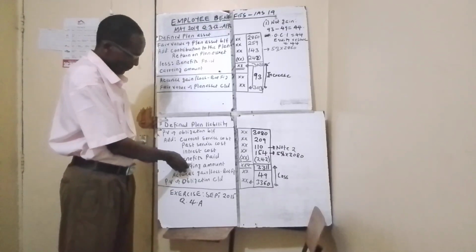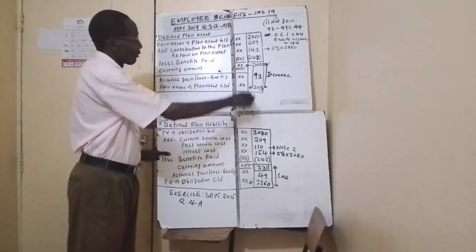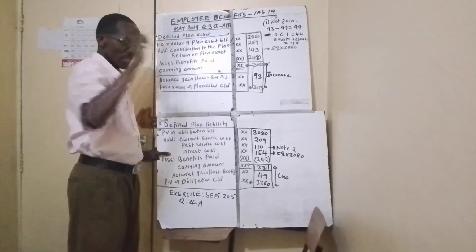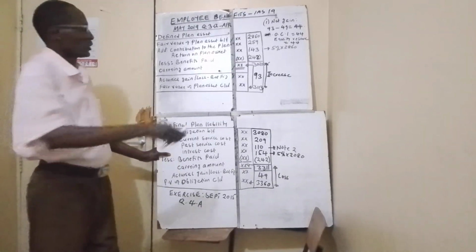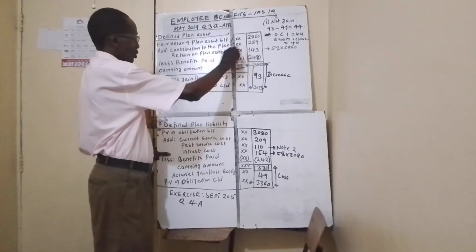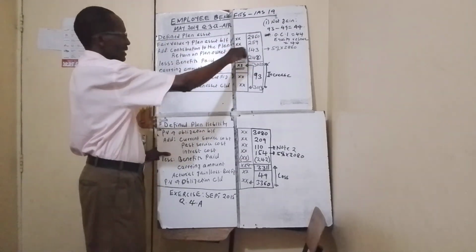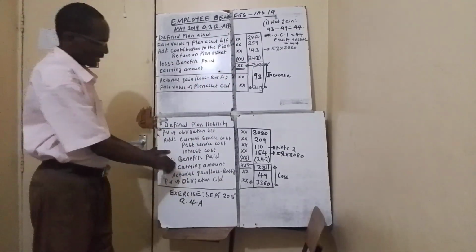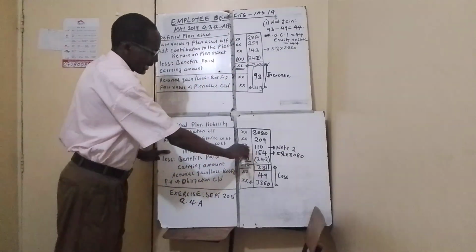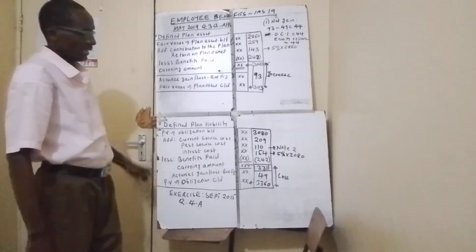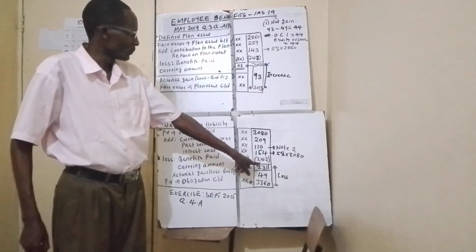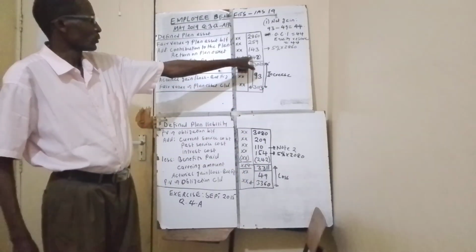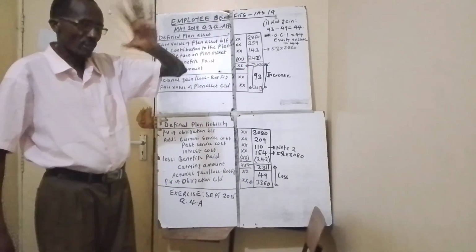Notice, benefits paid is deducted in both cases. The same figure. You'll be given one benefits paid figure, so you less it on the defined plan asset account and you also less it on the defined plan liability. Like in this example that you're going to take, 242 is the same 242 which was deducted there.